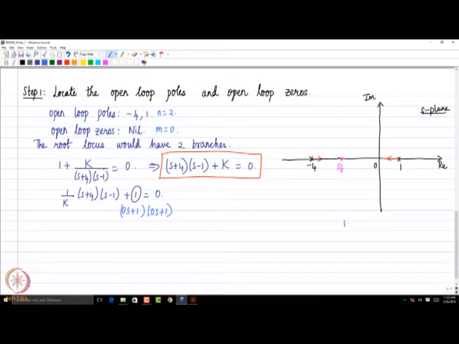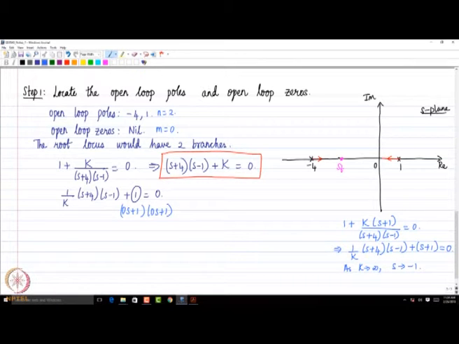Suppose we had this equation like this, rather than this way, and minus 1 would have been an open loop 0. Immediately you can see that if you rearrange this equation, we would have got this. So as k tends to infinity, s will tend to minus 1. That will be one of the closed loop roots.